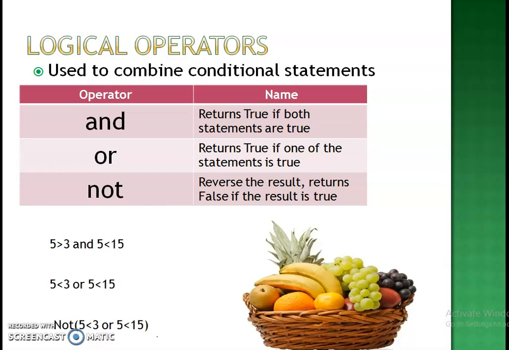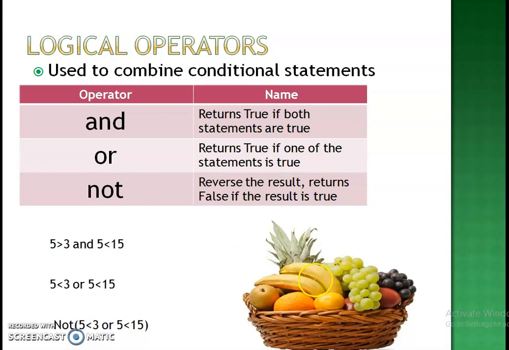When I say this basket contains banana and grapes, the condition is true because the basket contains both the banana and the grapes, so it returns true. When I say this basket contains banana and jackfruit, it returns false because there is no jackfruit inside the basket.